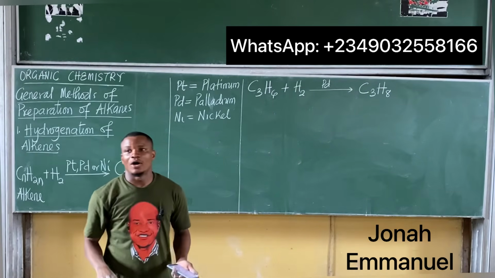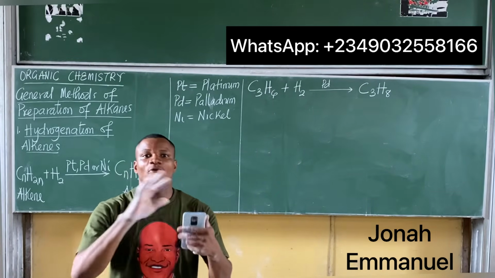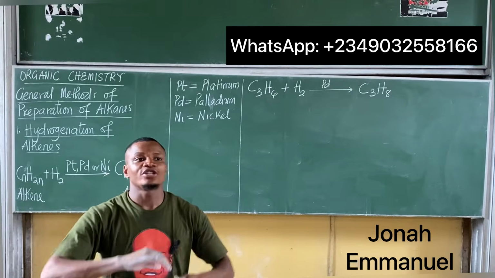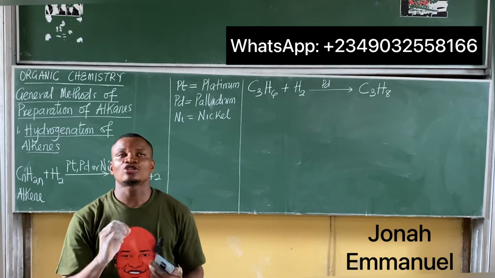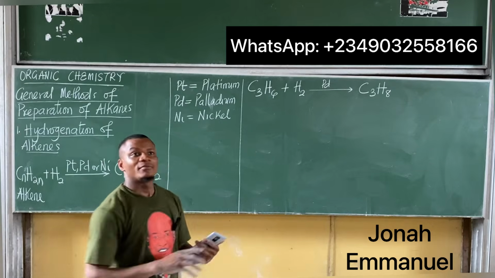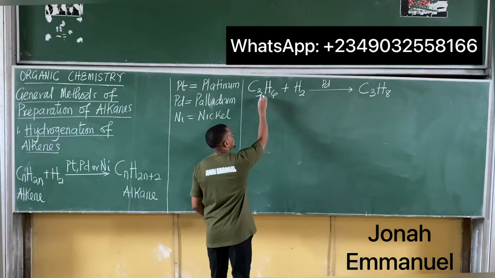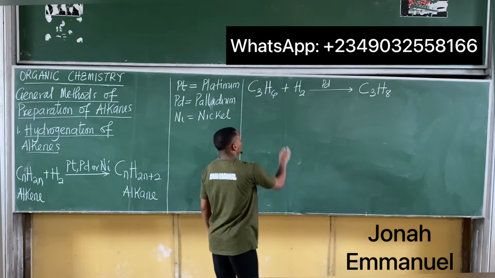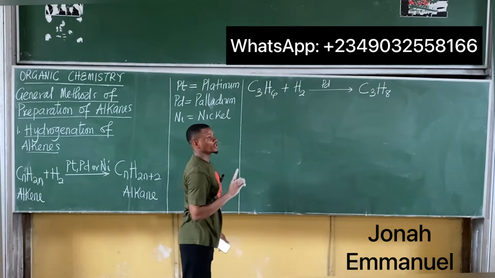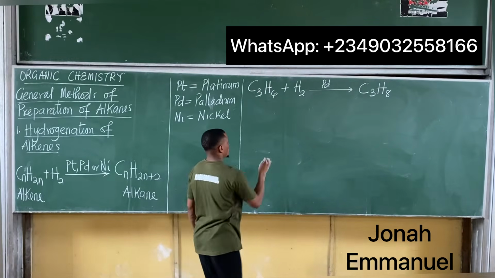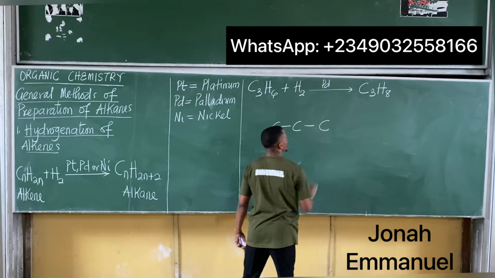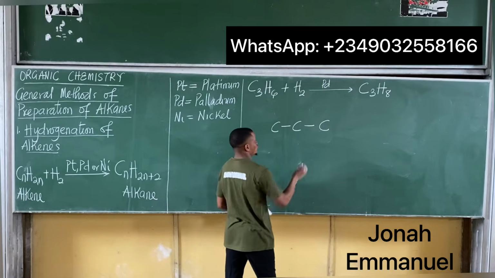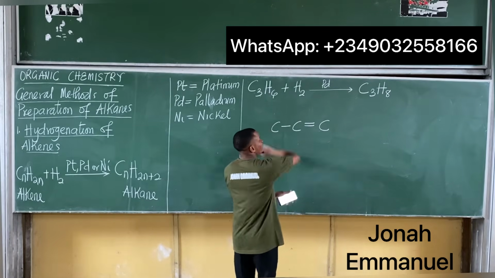Let me show something just once and we proceed. In some questions, they will ask you to draw the structural reaction. By structural reaction, they mean draw this one in full. This here is an alkene, so expect a double bond. So it becomes C1, C2, C3. Add the double bond in any one you want. Try to balance this.